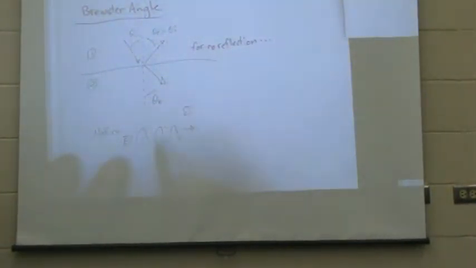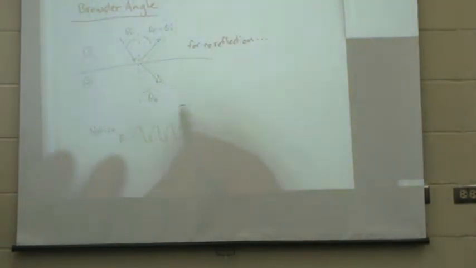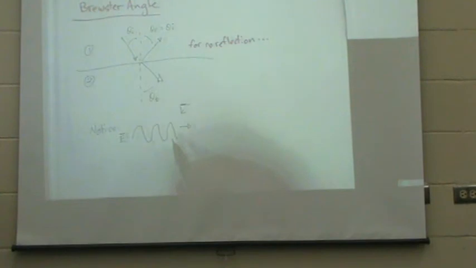So I have some electric field, it's a sine wave, and it's going in the direction of this k vector. So it's propagating in this direction. The electric field itself is on the y-axis here, up and down, right?